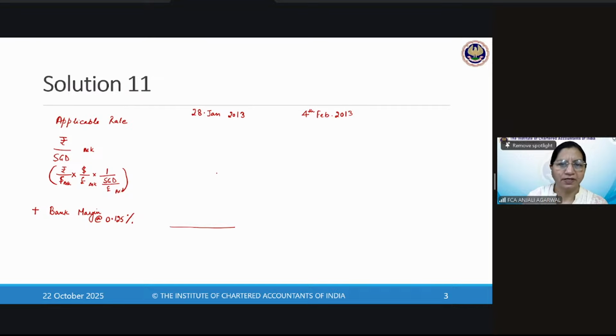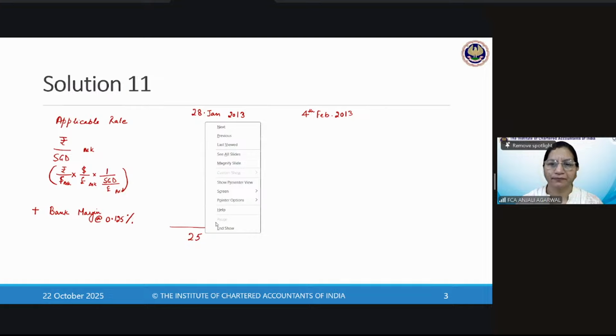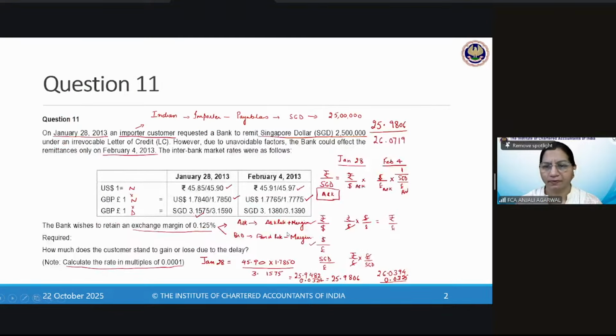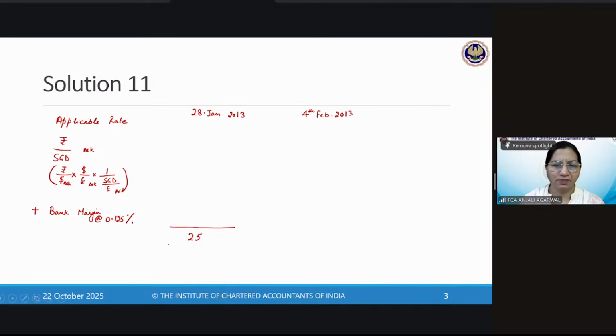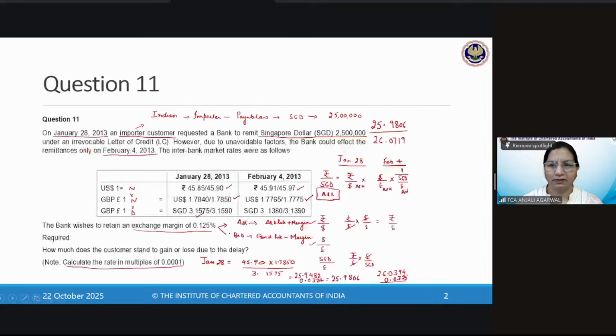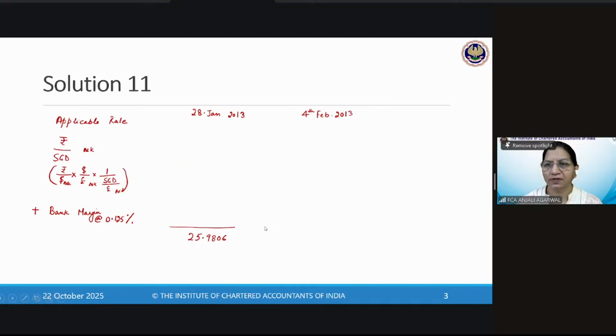You will use the rates here, multiply the 3, you will get the exchange rate, add the margin, and finally you arrive at 25.9806 and 26.0719.